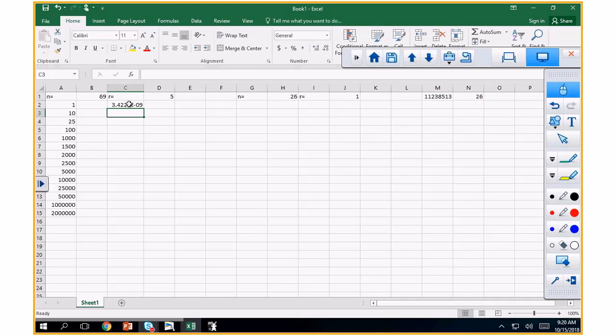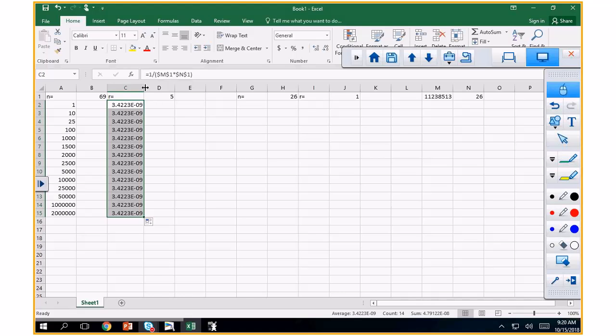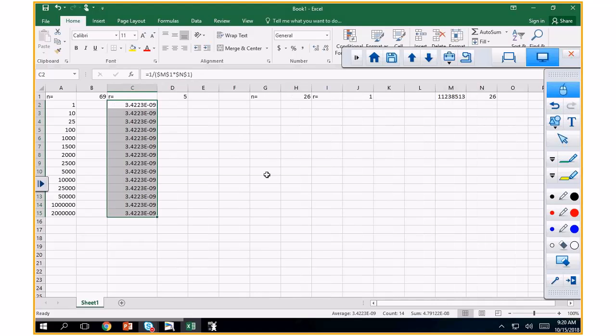Now, for those of you that are paying attention, I'm going to copy this down. And what does that mean? It's not all the way from, and it's not supposed to do that. Let me try it one more time.